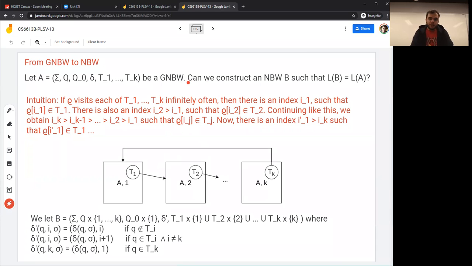We wanted to construct a non-deterministic Büchi automaton. The technique there was to take several copies of the original automaton and go from one copy to the next copy whenever you see a target state.